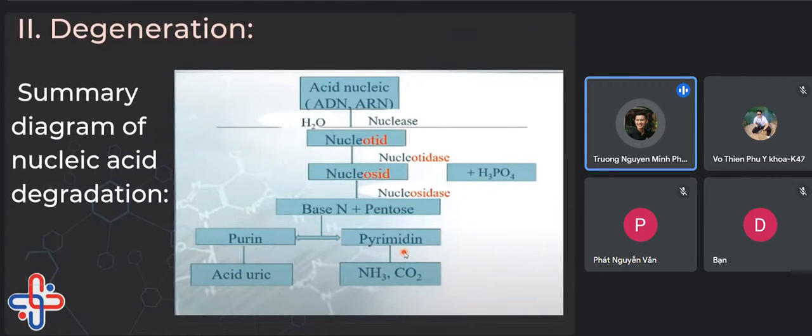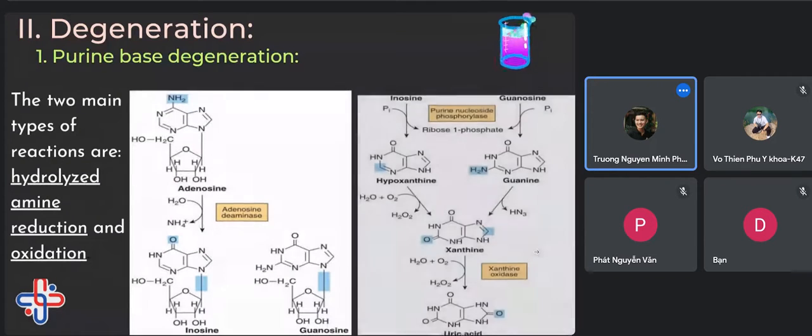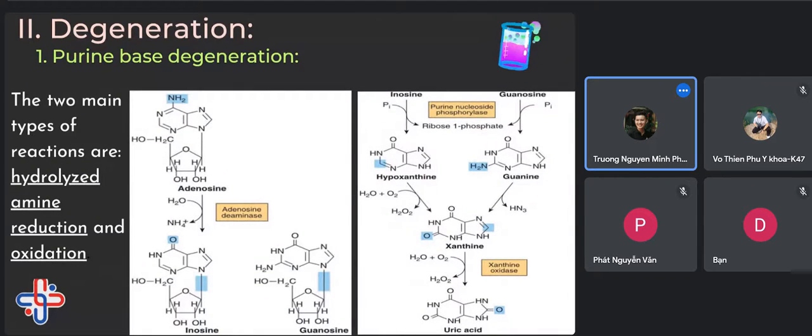So this is the summary diagram of nucleic acid degradation. I'm sorry. So you can see this is the summary for you to have a total look at the topic. Next, please. This is about purine base degradation.